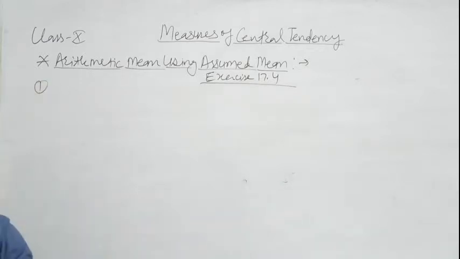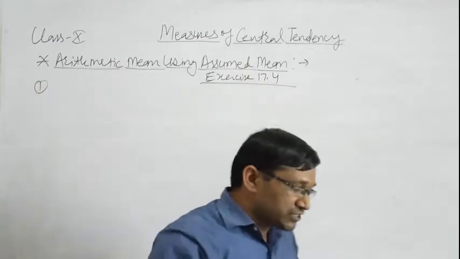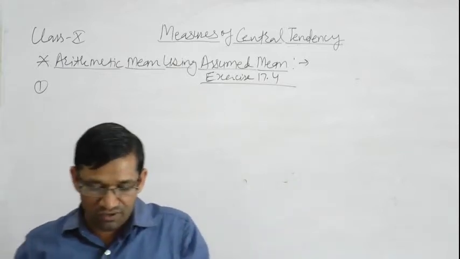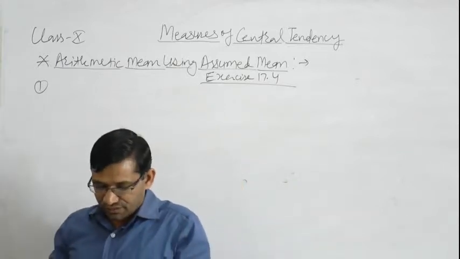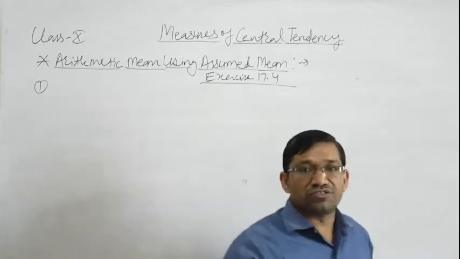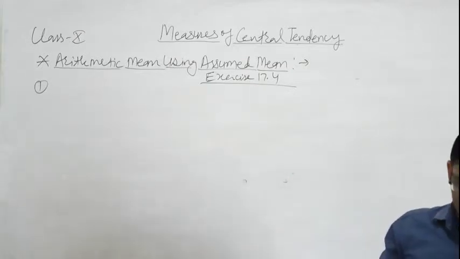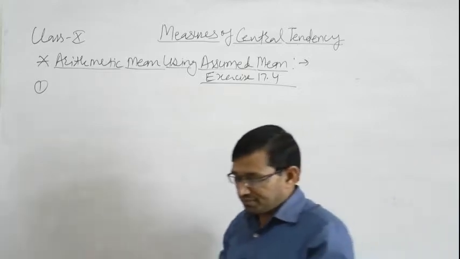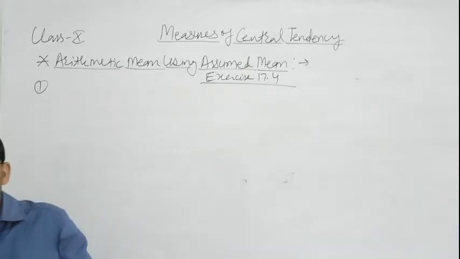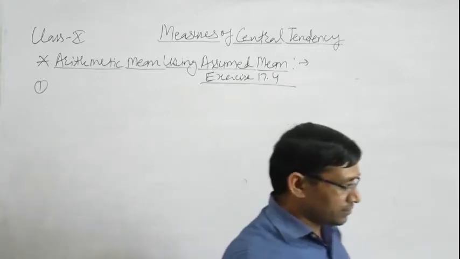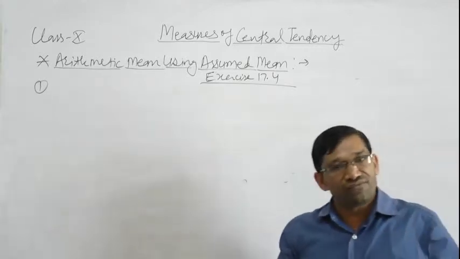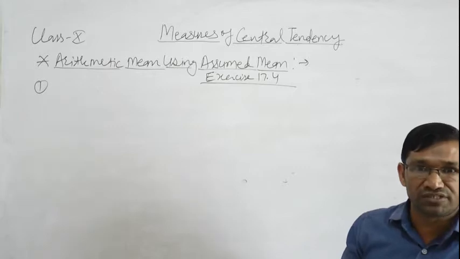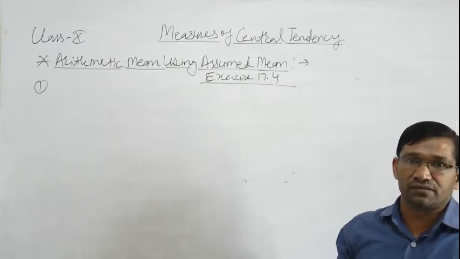First question: with the help of assumed mean, find the mean of the following frequency distribution. In questions one to four we have to find the assumed mean and use it. With the help of assumed mean, find the mean. We find arithmetic mean by using the assumed mean method.